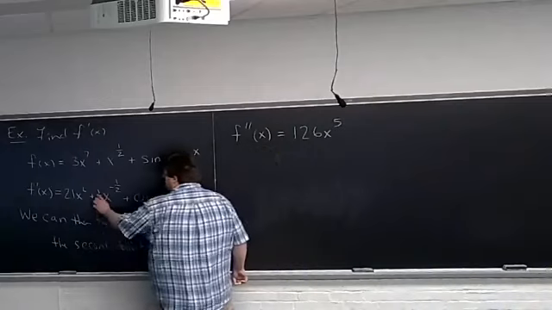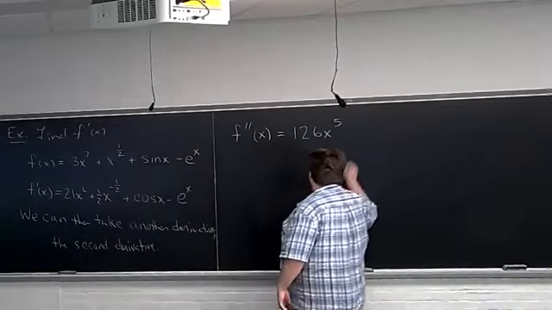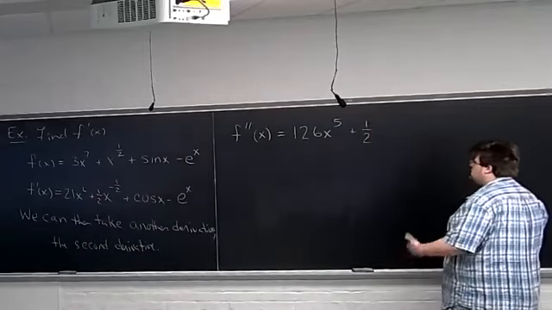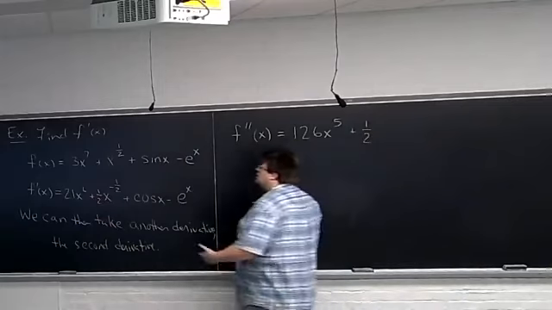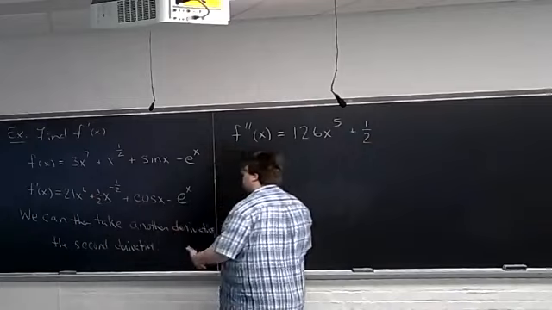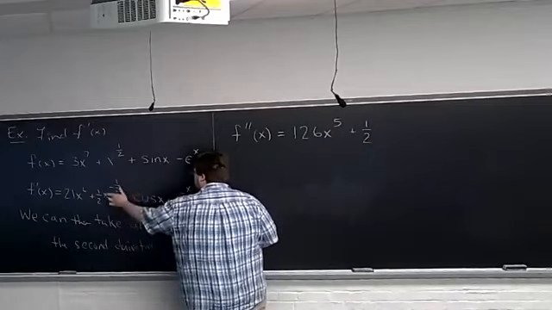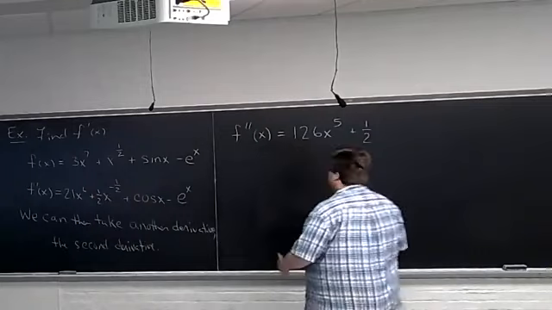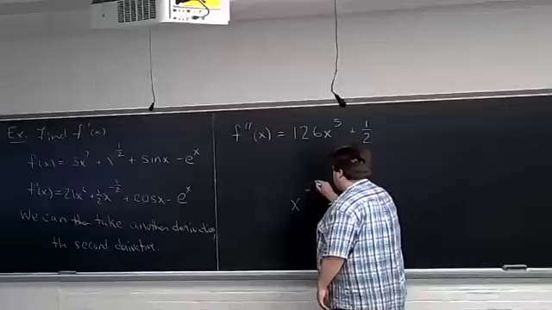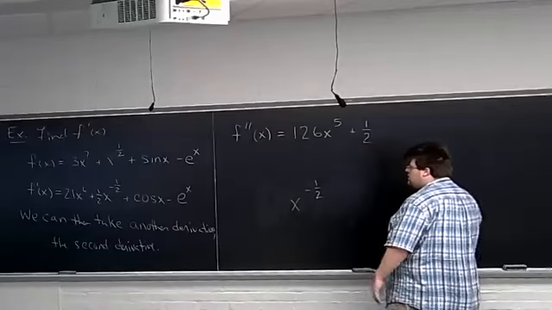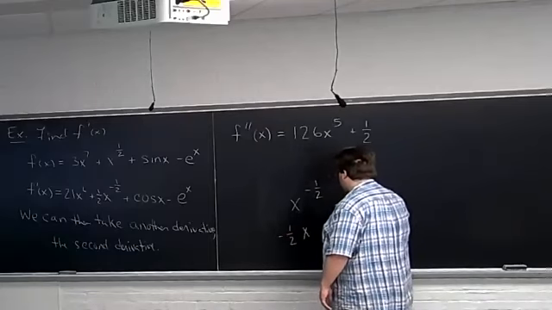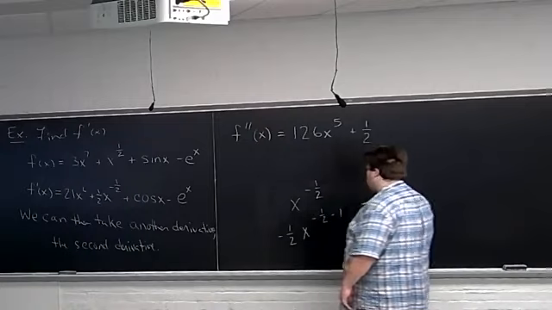Next, we have a 1/2. This one I'm gonna do in 2 steps, actually. First, the 1/2 in front carries along, and then you have x to the negative 1/2, another x to a number. The power rule applies to negative exponents as well. And what does the power rule say? Well, for x to the negative 1/2, the derivative is negative 1/2 x to the negative 1/2 minus 1.